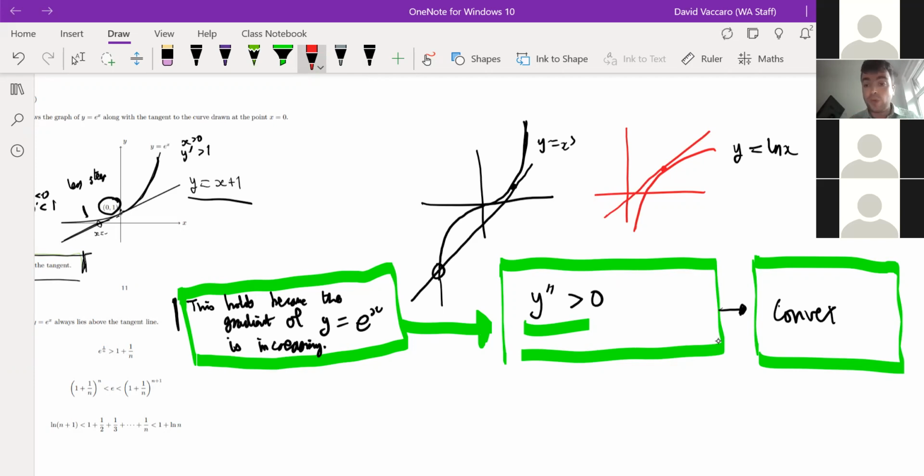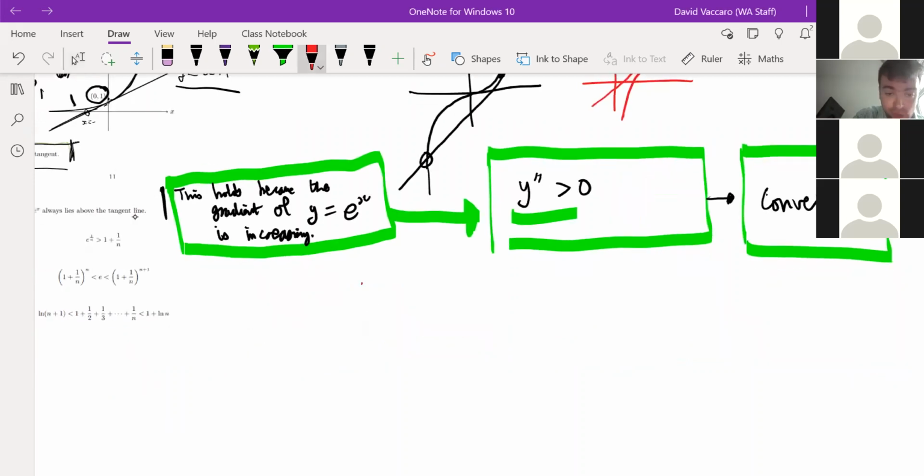The tangent will always be above log x. Okay, that follows because that's just the mirror image of the tangent to y equals e to the x. And what's the shape of y equals log x? Well, it's a curve which is getting less steep, so it is what's called concave.